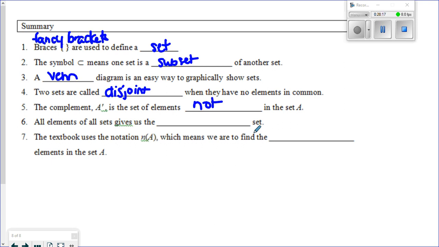All elements of all sets gives us the universal set. And the textbook sometimes uses n(A), that's saying the number of elements in set A.